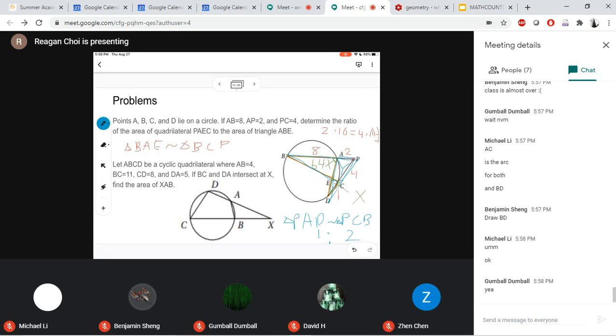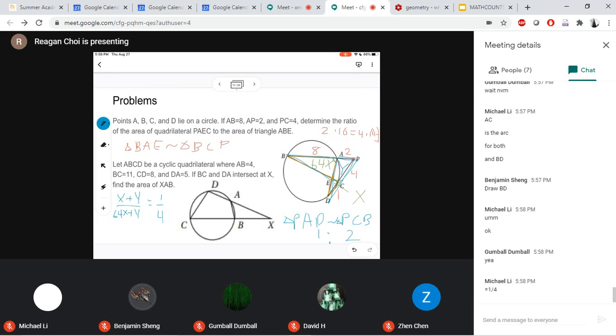So that means the ratio of the areas should be 1 to 4. So the areas are x plus y over x plus 64x plus y equals 1 over 4.